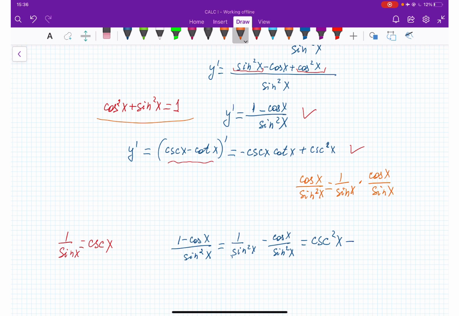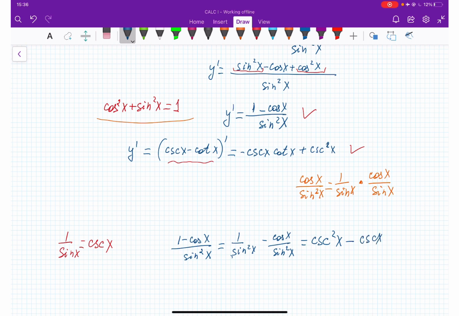Since it's a multiplication here, I am breaking it down into 1 over sine times cosine over sine. And what does this give me? 1 over sine x is cosecant x, right?